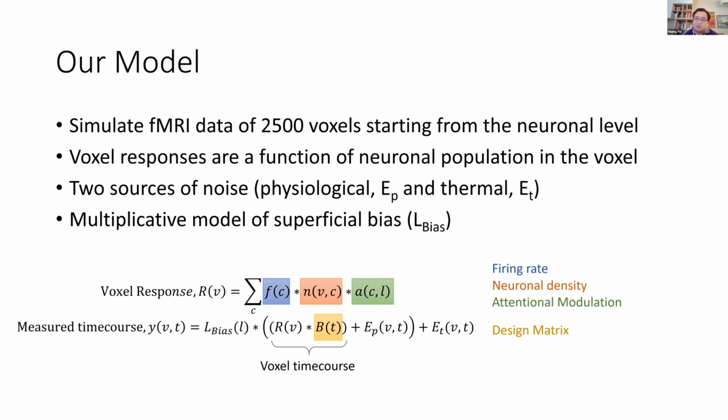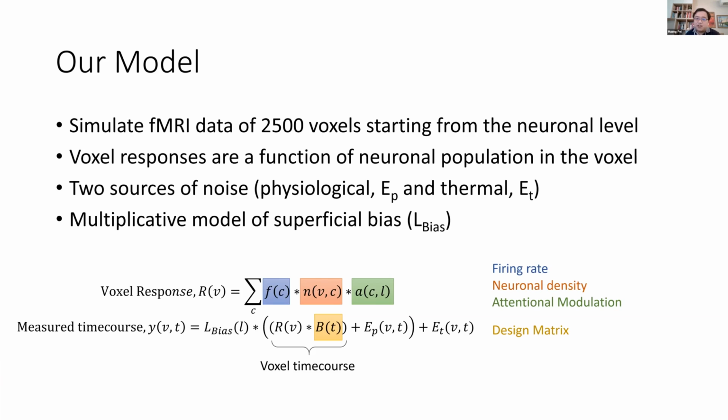The variance of the distribution is adjusted to capture the global preference of the ROI. For example, if we were to simulate the FFA, we would sample from a half normal distribution with higher variance for face responsive neuronal density. The attentional modulation is set as 1 for passive viewing and greater than 1 for attending. The total voxel response is then obtained by summing across all stimuli conditions.